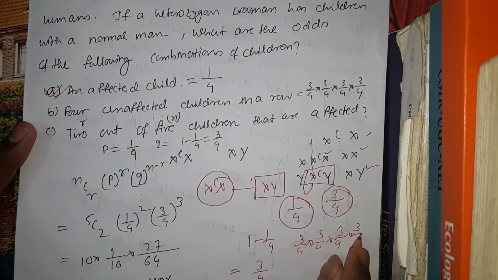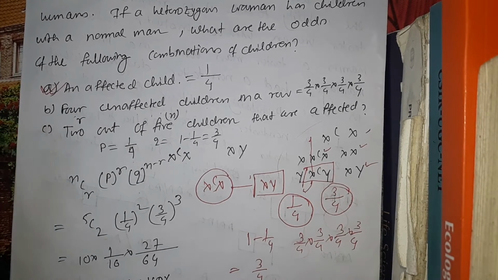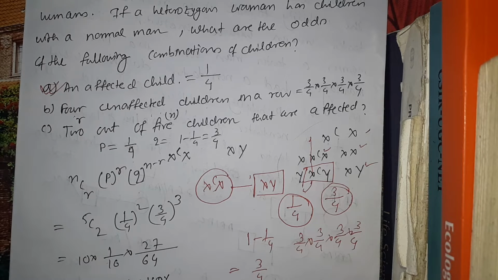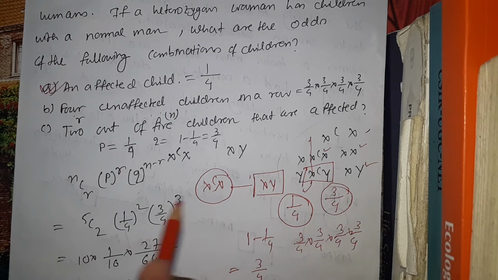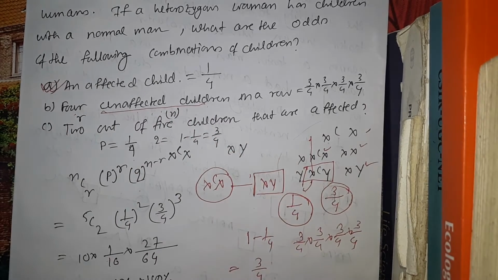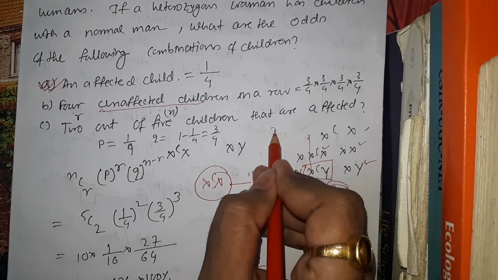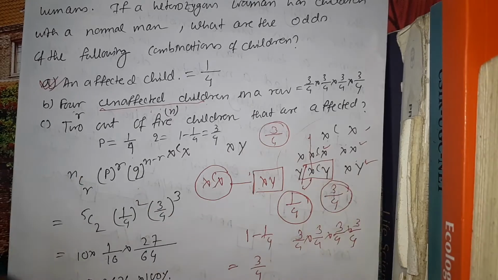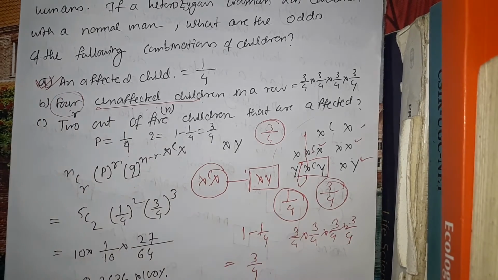If you do not have basic knowledge about probability problems, you may find it difficult to understand, but you don't need to worry. Simply remember that you first find the probability of an unaffected child in one case, which is 3 by 4 as the Punnett square depicts, and then multiply it 4 times.